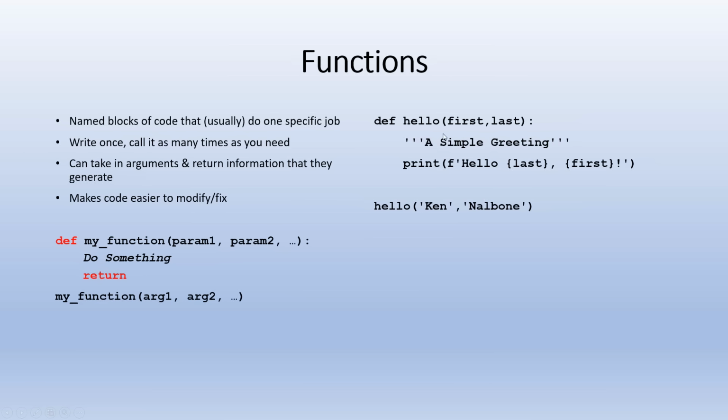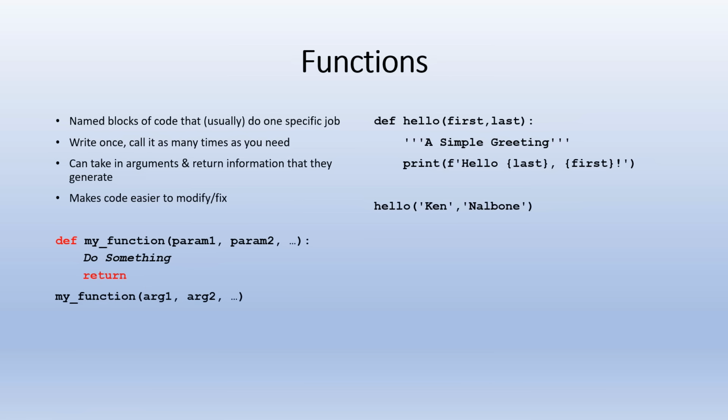It documents what this function actually does, and then you have the body of the function itself. So: def, name, open paren, parameters if you have any, close paren, colon, and when you hit enter, it'll give you four spaces and then the body.